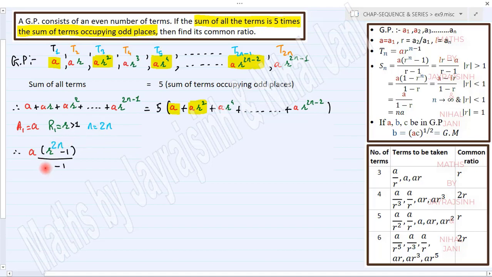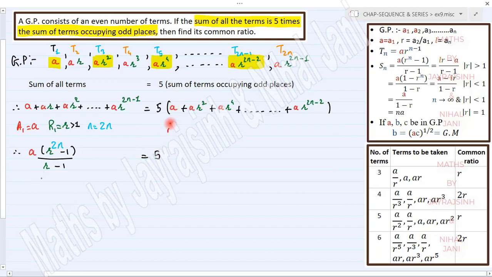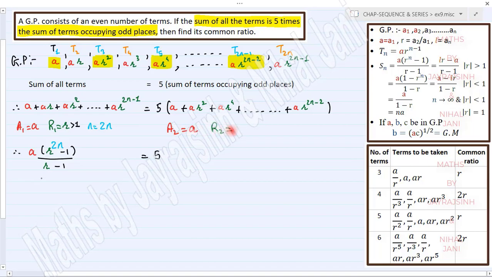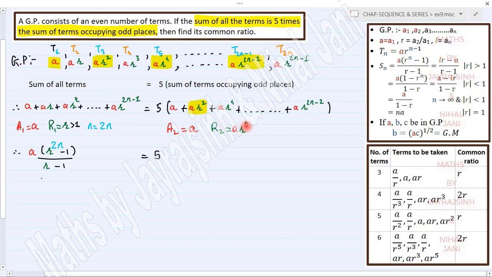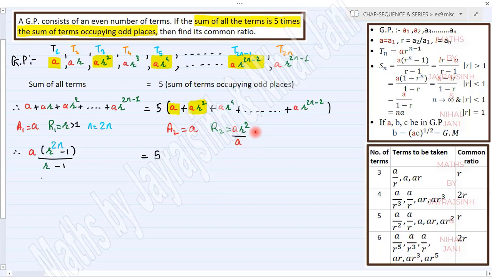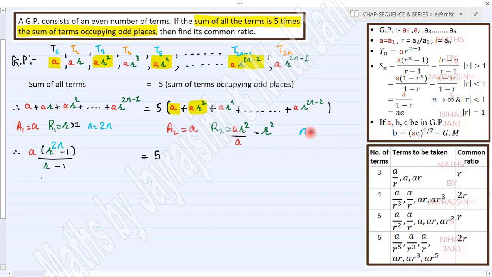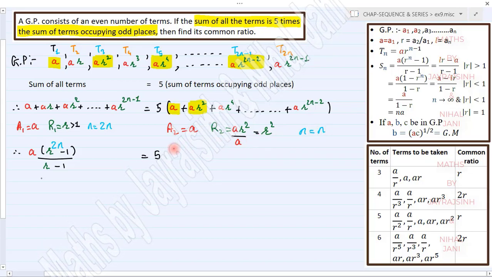So in the denominator we will get r minus 1. Now, on the right-hand side, we have a GP with first term a, and the common ratio between the second term, which is ar square, and the first term, which is a, is actually r square, and the number of terms is half of the total number, or we can say n.